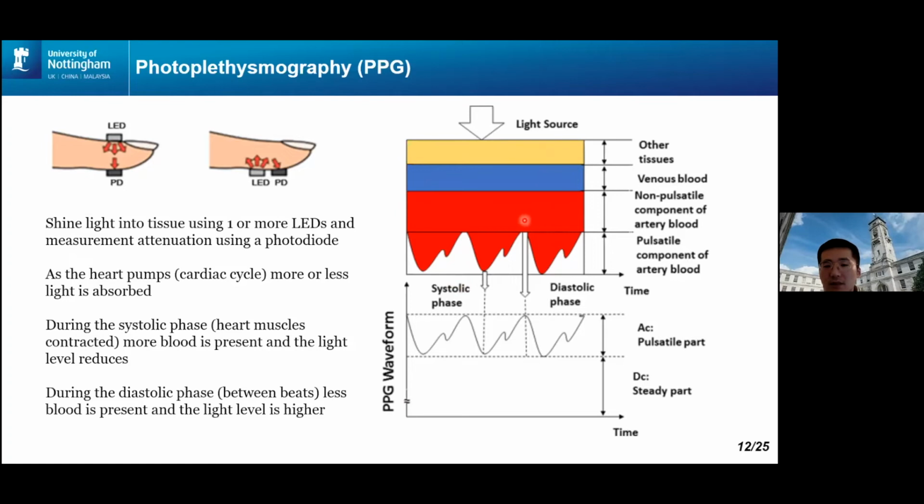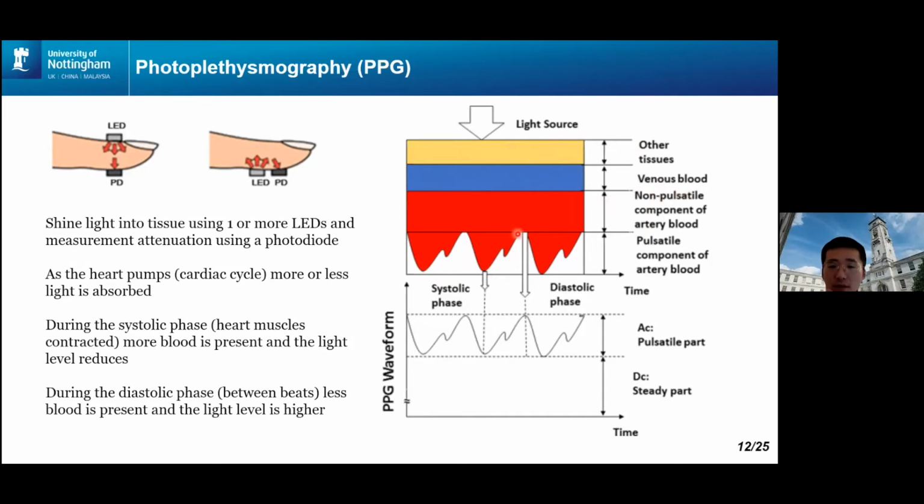When the light from the LED is incident on the living tissue, it is mainly absorbed by tissue and the steady blood volume of both artery and venous blood.